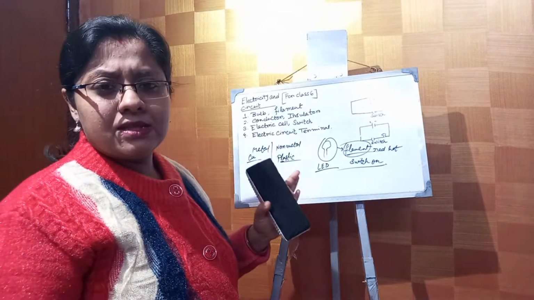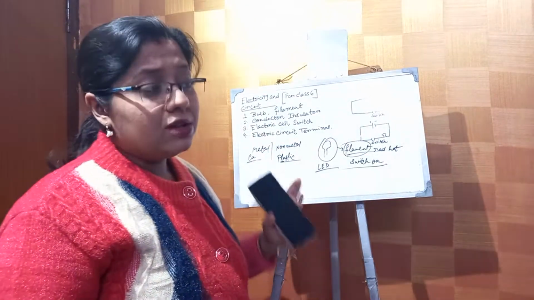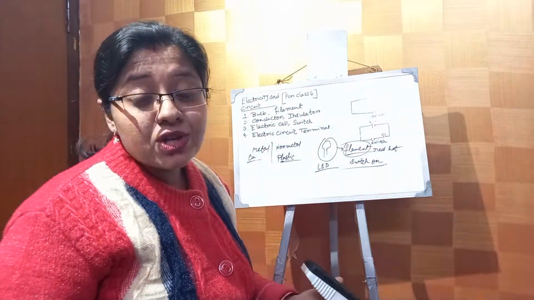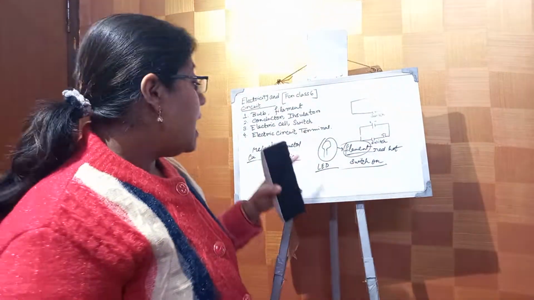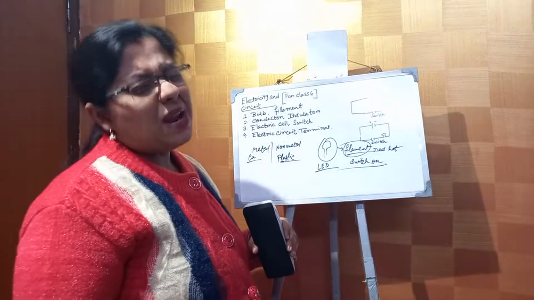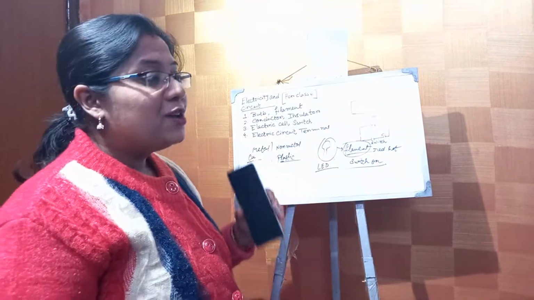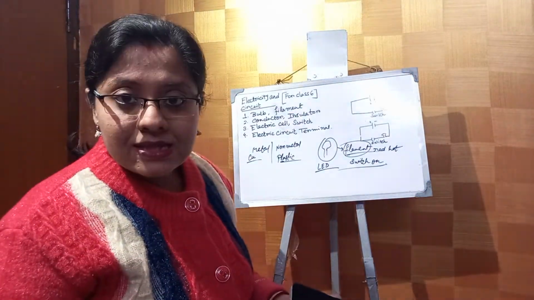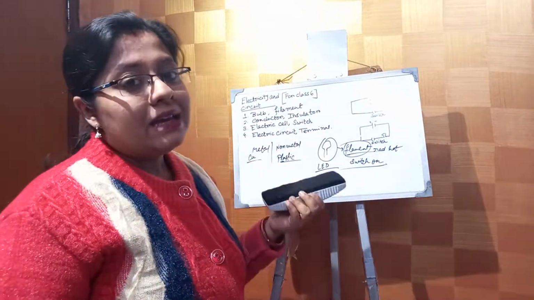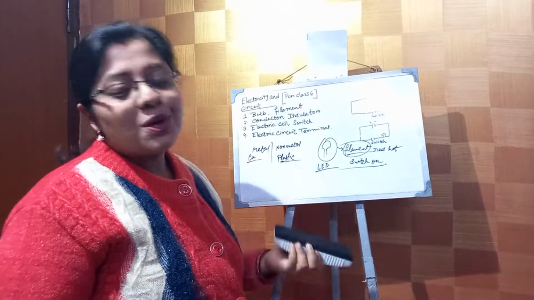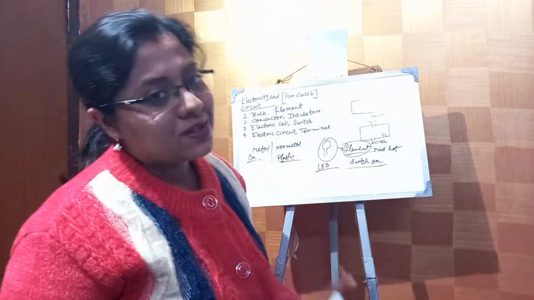Mainly the metals. And next is plastic. Plastic is an insulator, cotton is an insulator, wood is an insulator. Mainly non-metals are insulators. They do not allow any electric charge to pass through them.